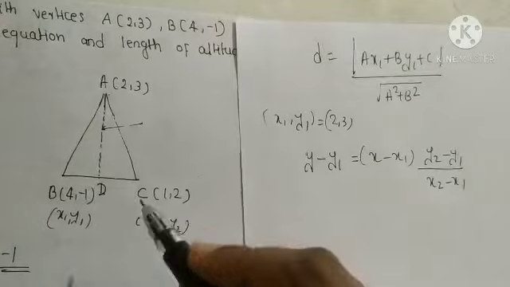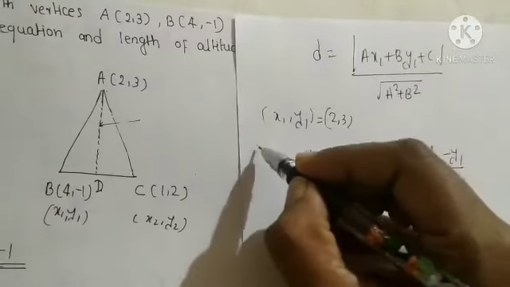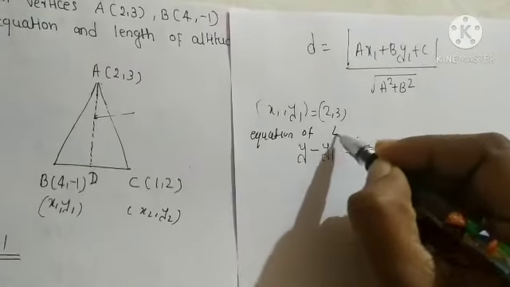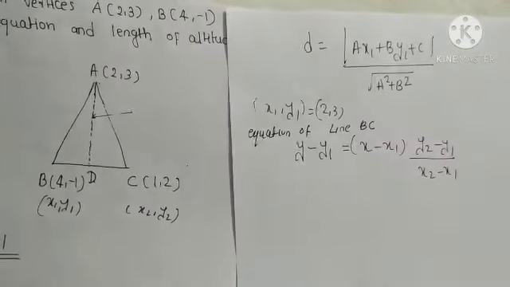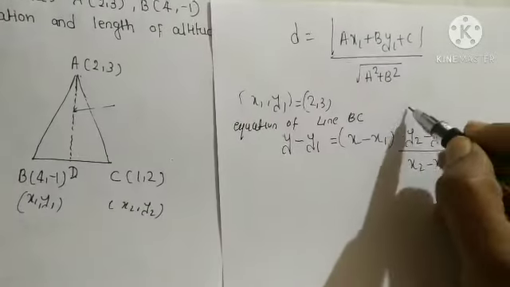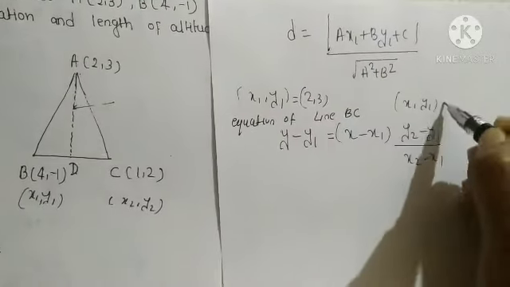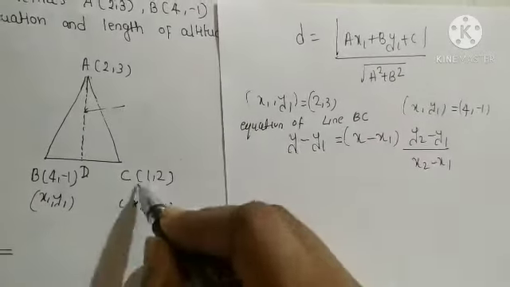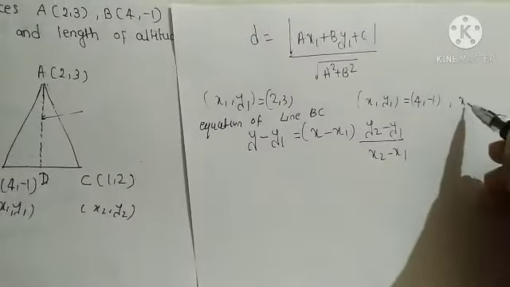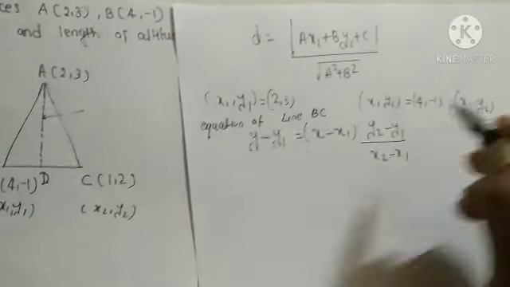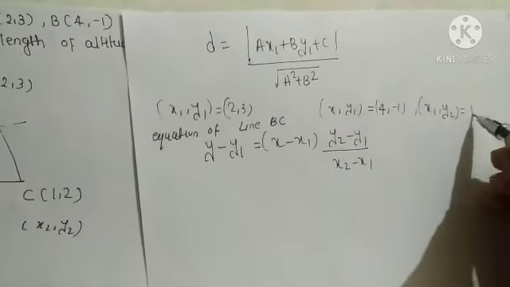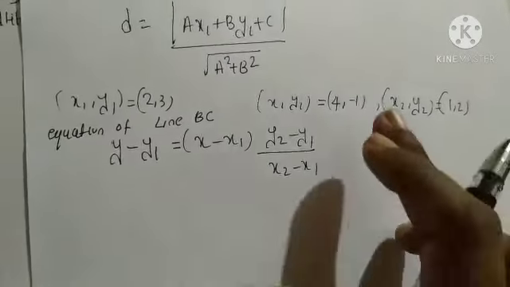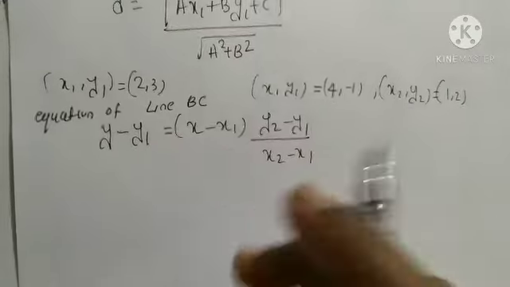Here we need to calculate the equation of line BC. So here (x1, y1) is (4, -1), and (x2, y2) is (1, 2). Using all these values, I am going to substitute in this equation.